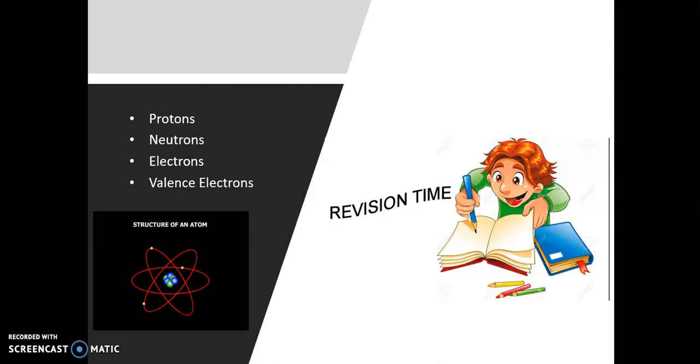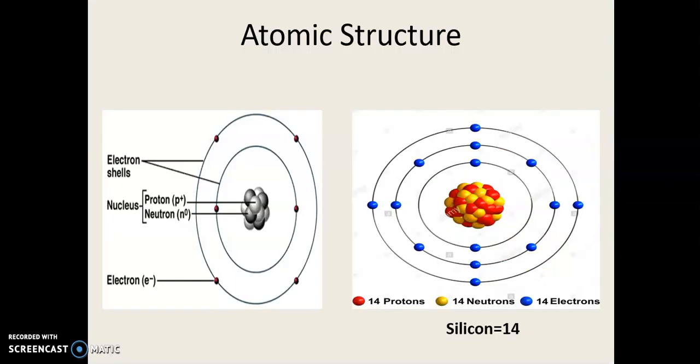For any atom, the total number of protons is always equal to the total number of electrons. As you can see on the screen, these electrons revolve around the nucleus in a circular or elliptical shape. Moving forward, we will see how exactly this atomic structure looks.